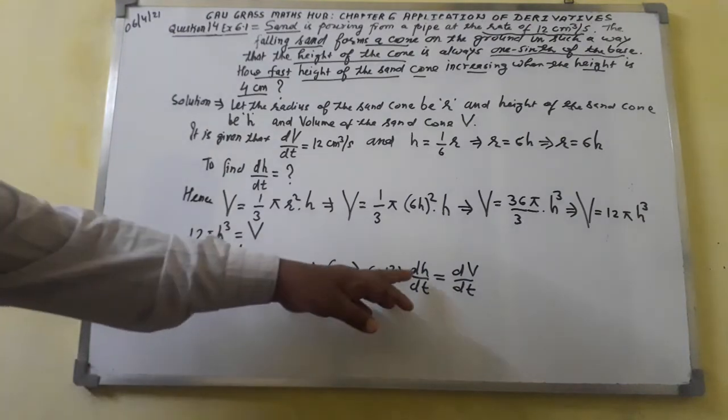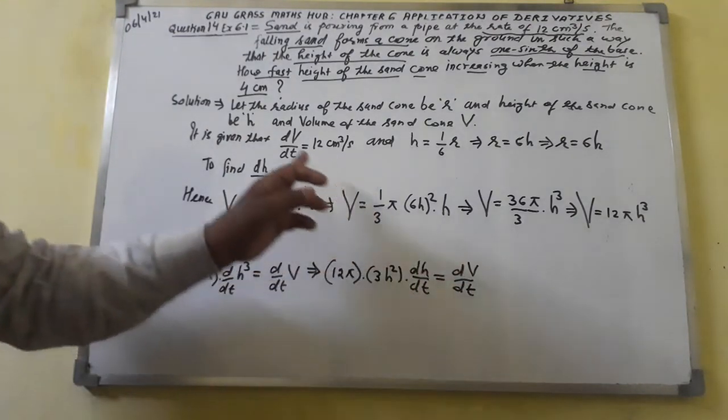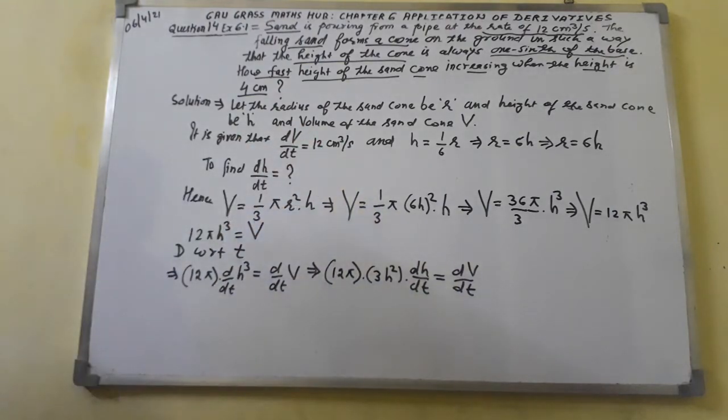And dV over dt is given as 12 centimeter cube per second.